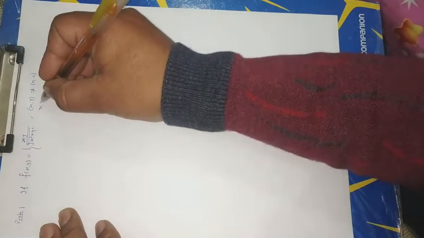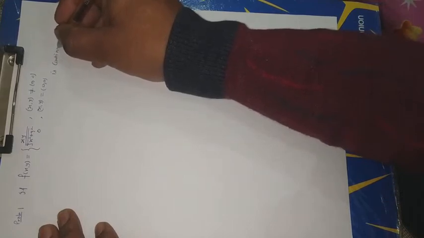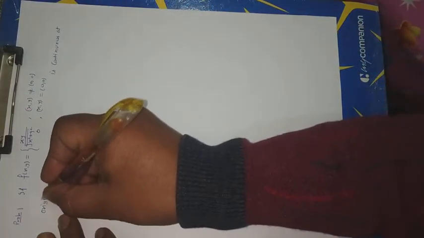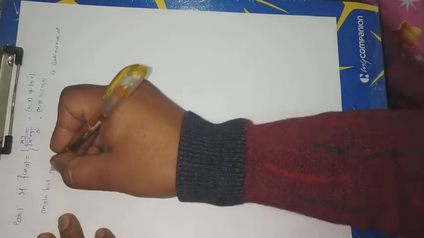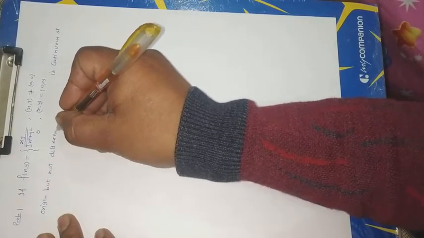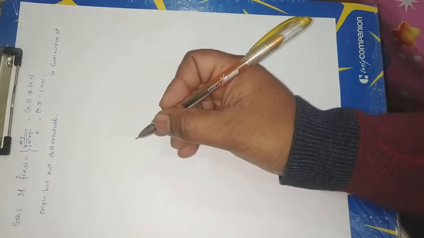At (x,y) equal to (0,0), the value of the function will be 0. Then f is continuous at origin but not differentiable at that point, that is origin.